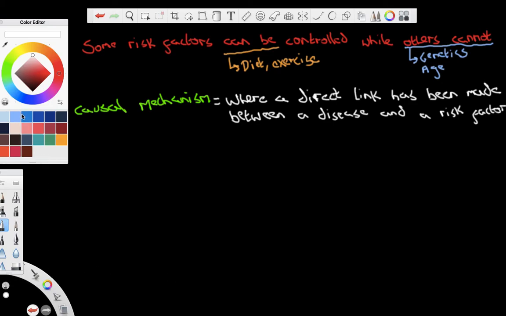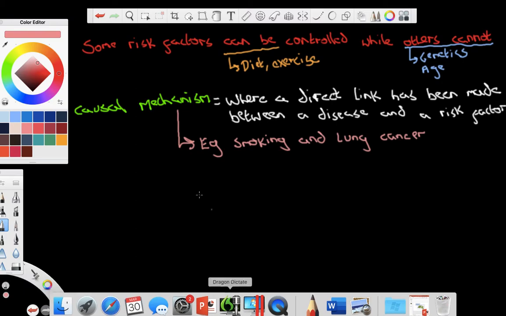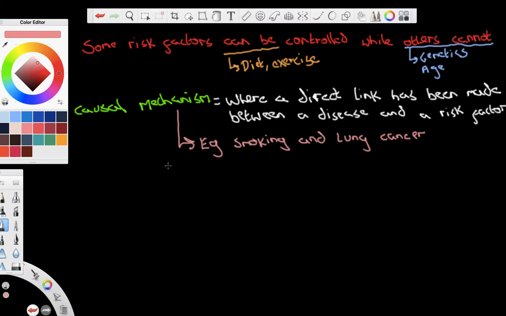I'm going to just break this down a little bit so that we haven't got to do a really long definition. We can add underneath here, e.g., smoking and lung cancer. It has been shown that if you smoke lots of cigarettes, your chances of getting lung cancer go up. Smoking directly causes lung cancer.